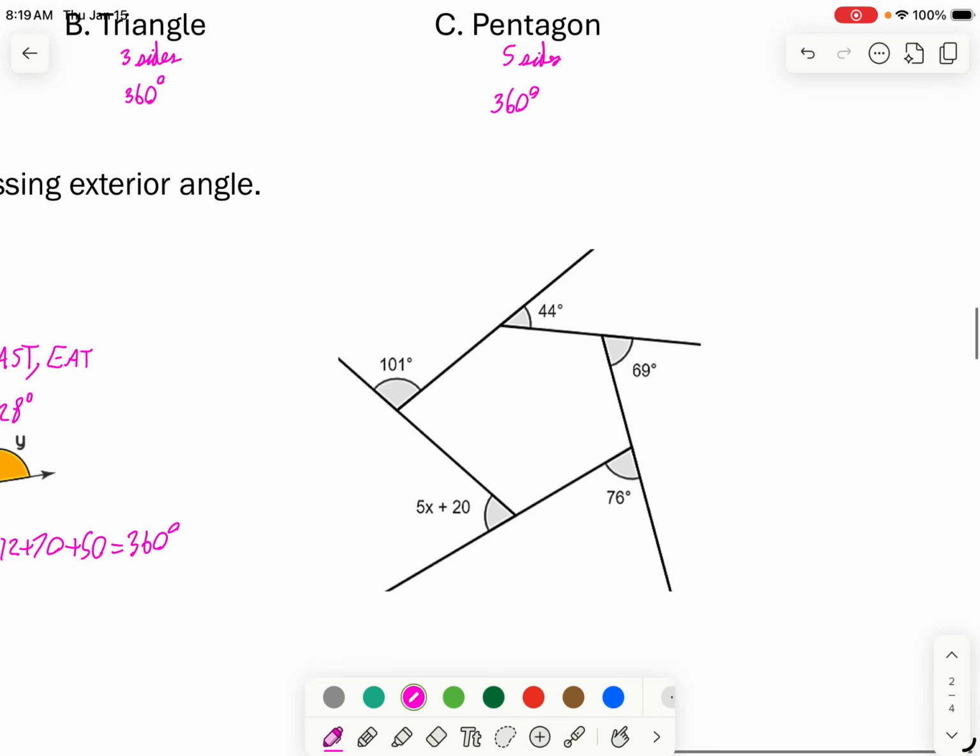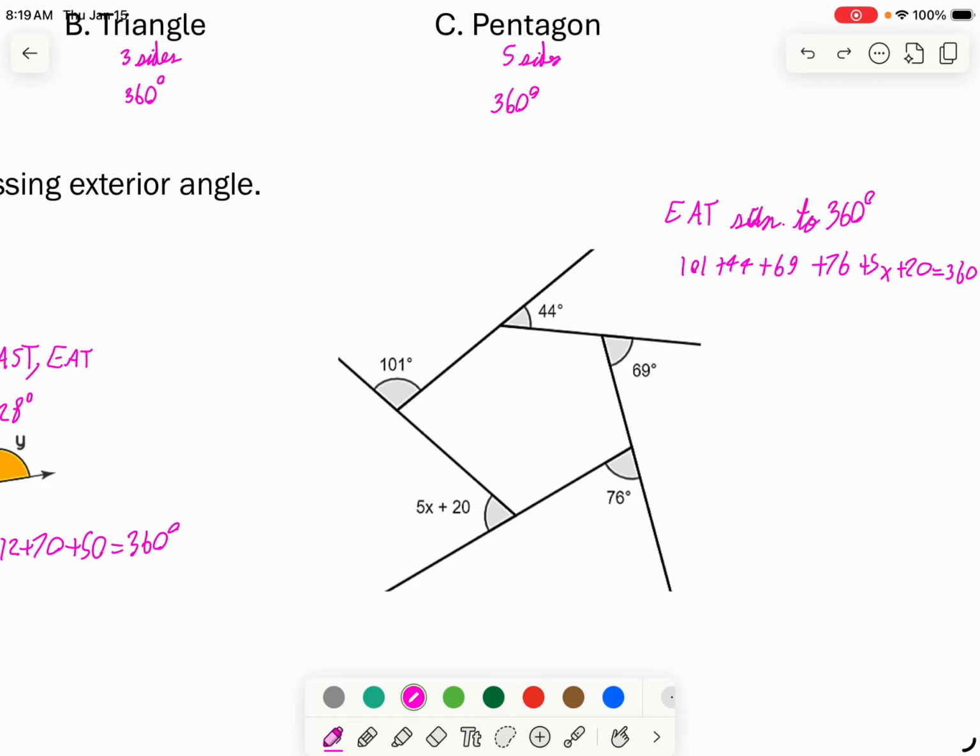All right, what about this problem? Oh, same kind of thing. I know from the east or the eat that they sum to 360 degrees. So I know 101 plus 44 plus 69 plus 76 plus 5x plus 20 is equal to 360 degrees, or 360.